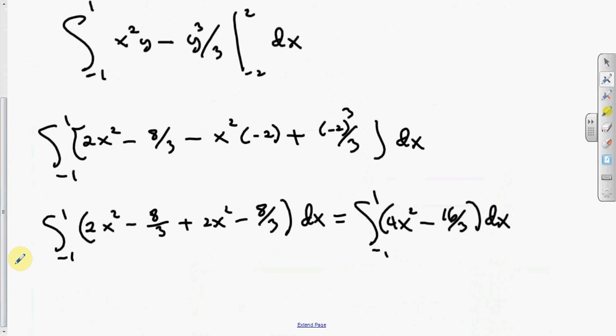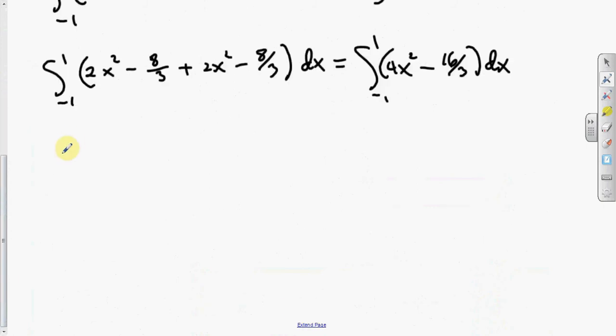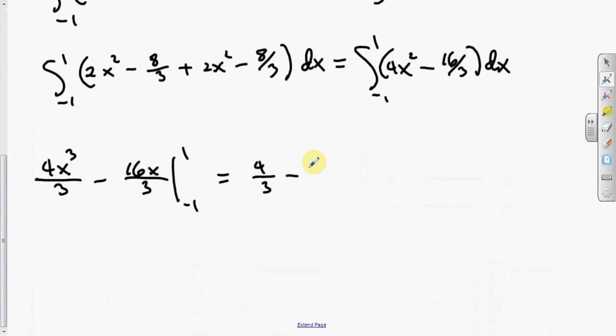So now this is just reduced back to calculus 1. So now we're happy. We're happy again. So this is 4x to the third over 3 minus 16 times x over 3, evaluated from -1 to 1. We evaluate at 1, so we get 4 thirds minus 16 thirds.